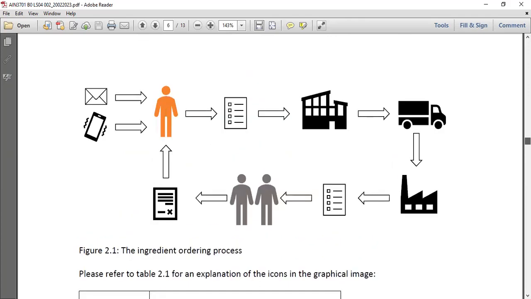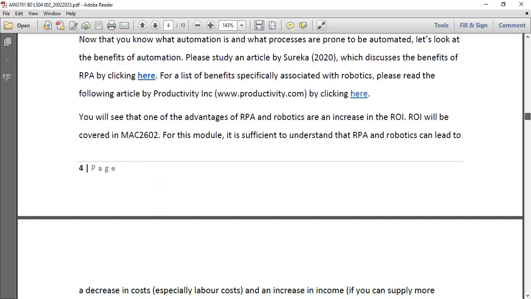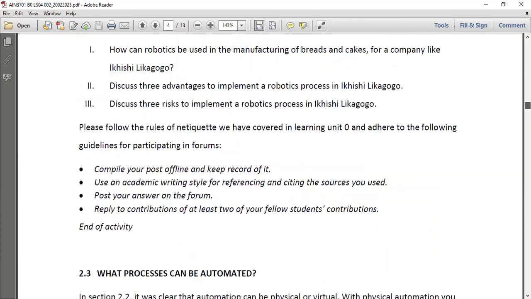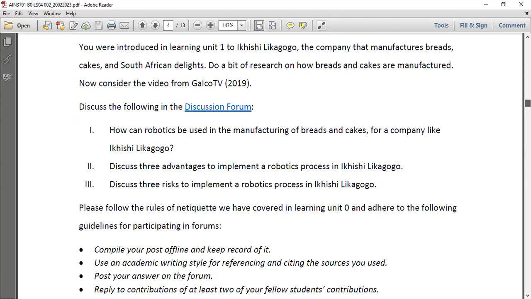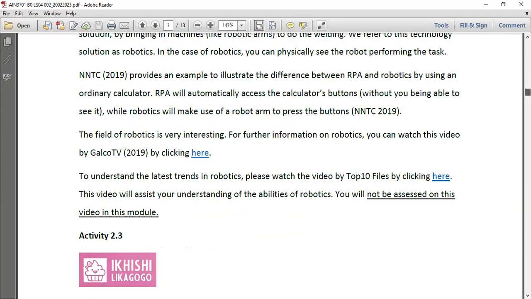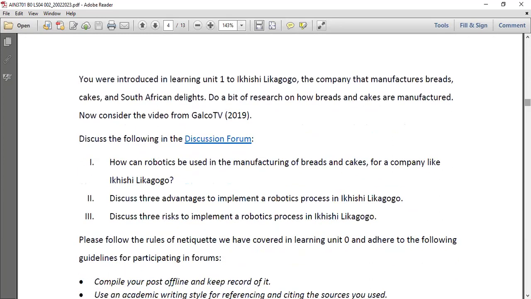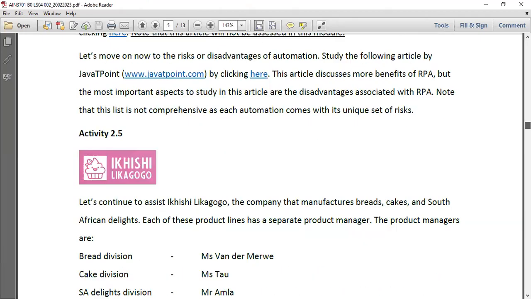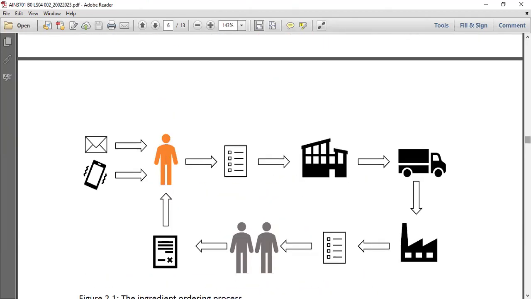Remember that in section 2.3, we had to identify how robotics can be used in manufacturing of bread and cakes, and we looked at the advantages and disadvantages. Is that right? So you look at this picture and look at any three processes that can be automated, right? As a guideline, this can be automated.